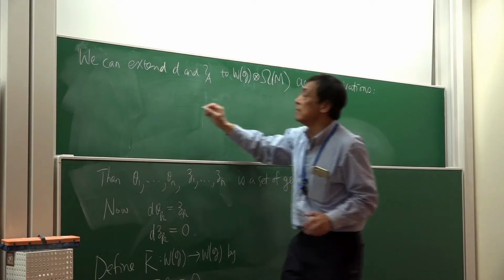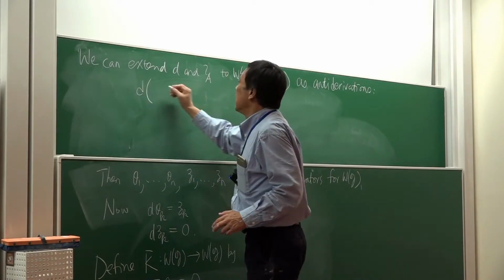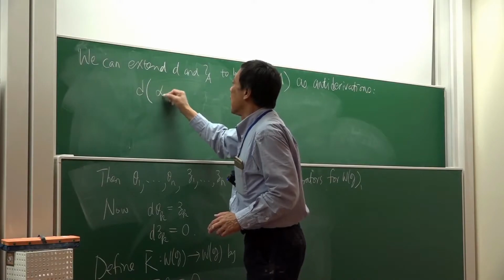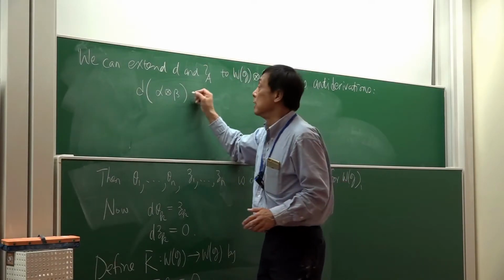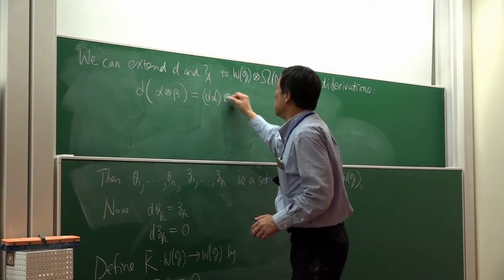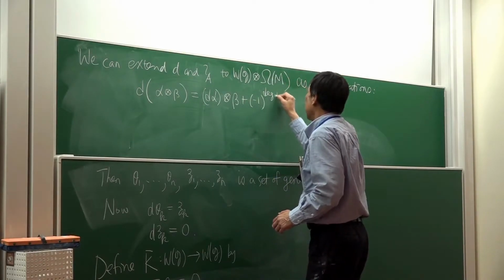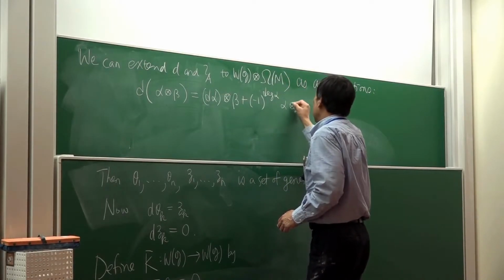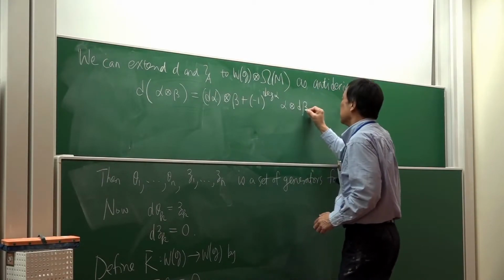Okay, so what it means is that if you have say alpha tensor beta, then this is defined to be d alpha tensor beta plus minus 1 to the degree of alpha times alpha tensor d beta.